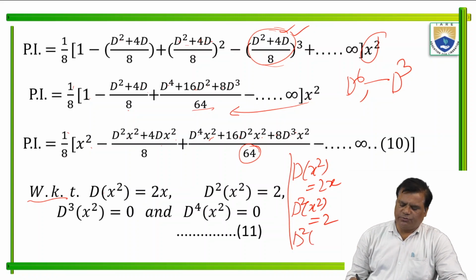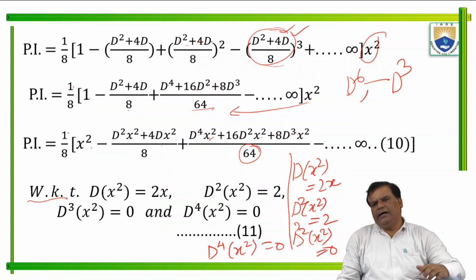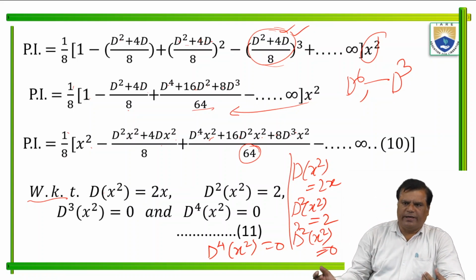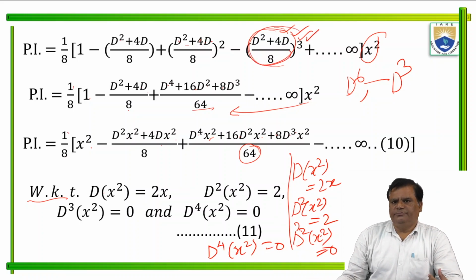D cube of x square is 0, and D4 of x square is also 0. So all higher-order derivatives of D more than square are 0: D cube 0, D4 0, D5 0. So I am not taking the cube term here, and the other terms are all 0.